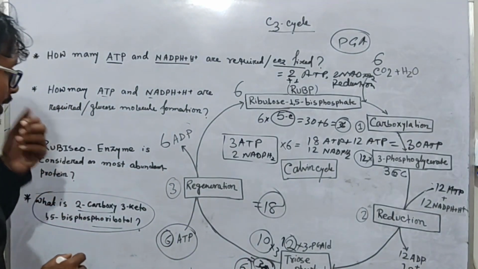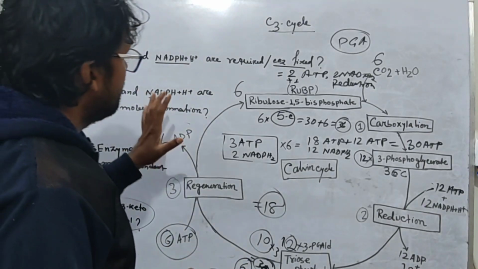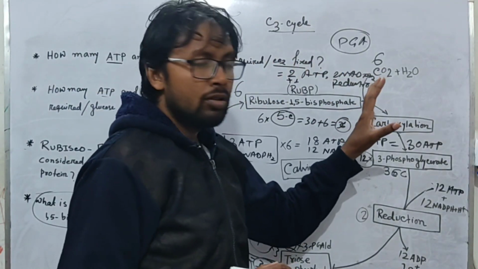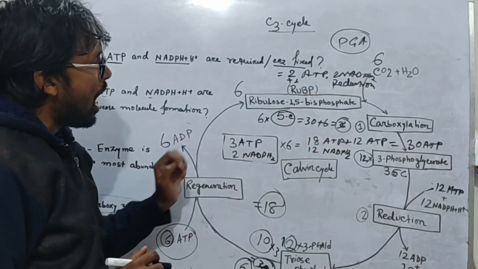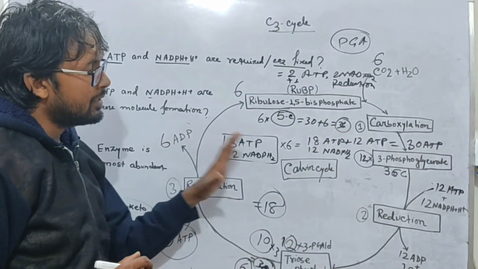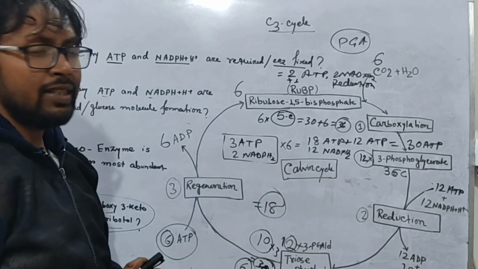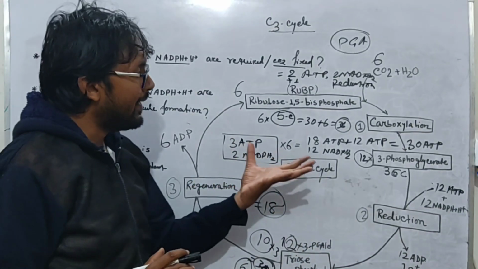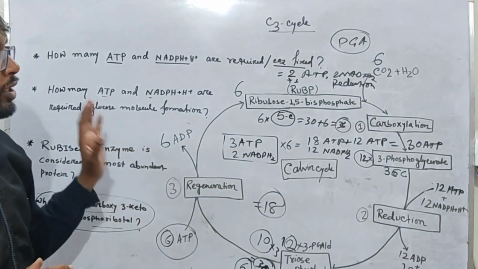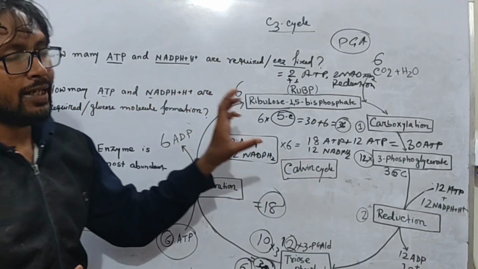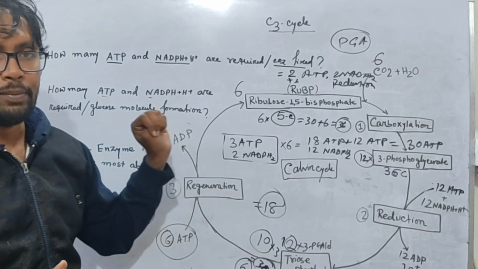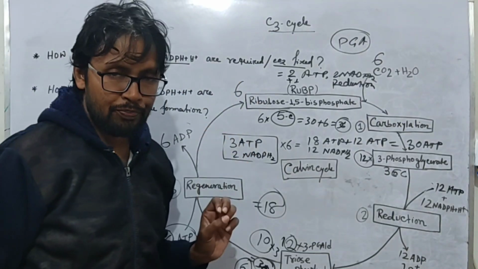So in this way you have to remember the Calvin cycle, how it is regenerated, why it is 12, why it is 18, and in which step what amount of ATP and NADPH are required. If we ask how many molecules of ATP and NADPH are required during carboxylation, 0 and 0.